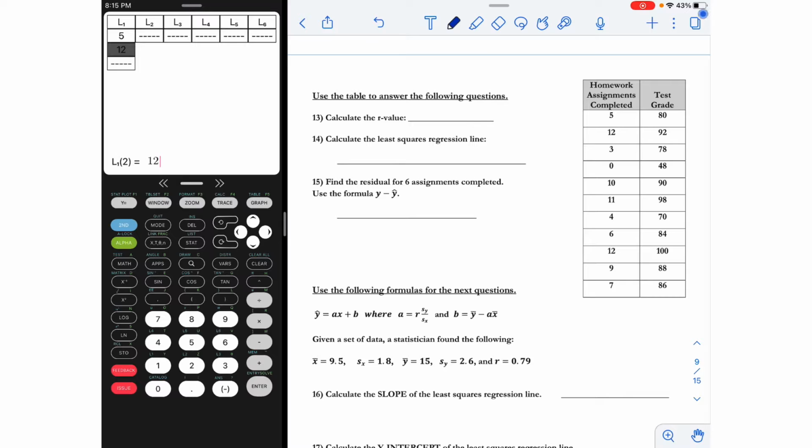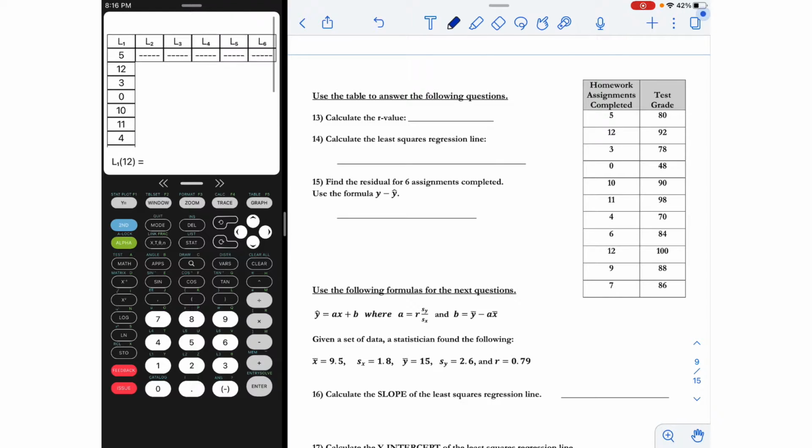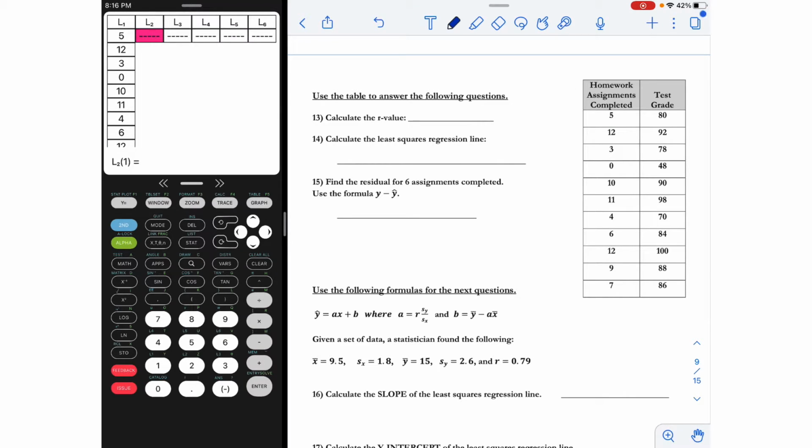My L1 values are the left column, so 5, 12, 3, 0, 10. All right, and in my L2, I'm going to put in the test grades.